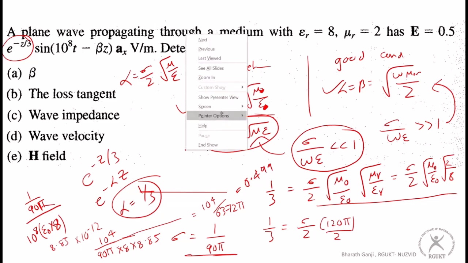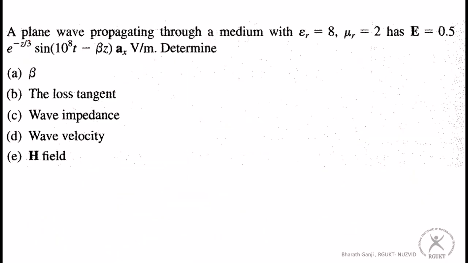Let me write it again. So beta is equal to omega, which is 10 to the power of 8, square root of mu naught epsilon naught and square root of mu r and epsilon r. So it is 10 to the power of 8 divided by 3 into 10 to the power of 8, into square root of 16. So we get 4 by 3.